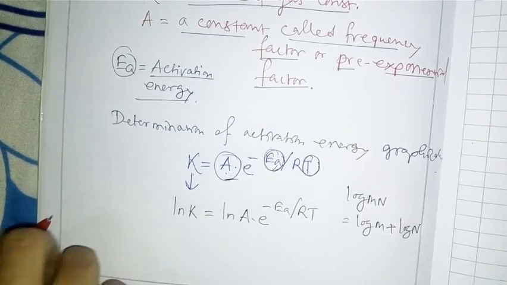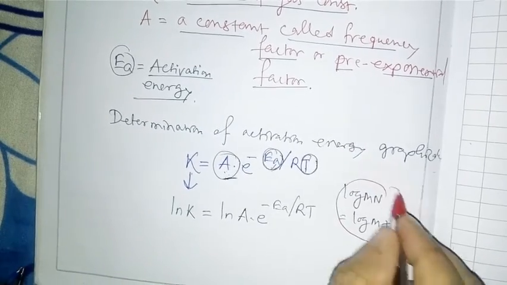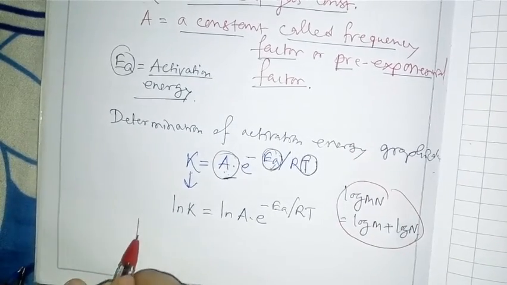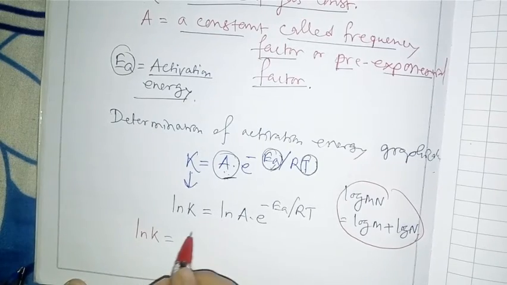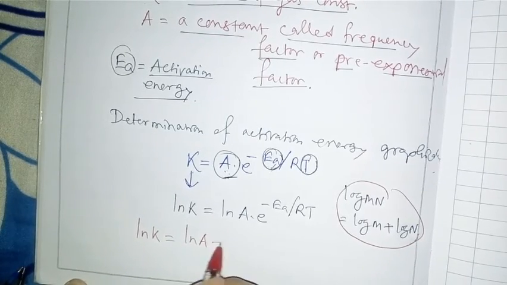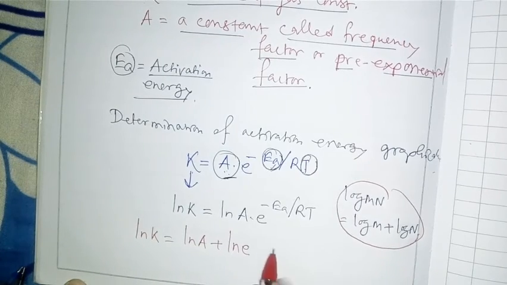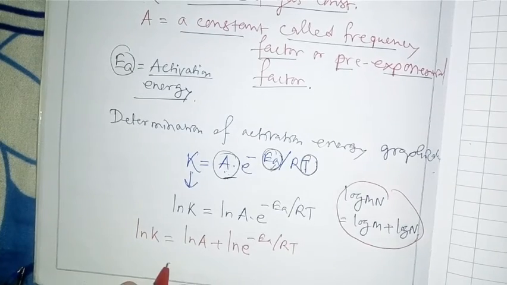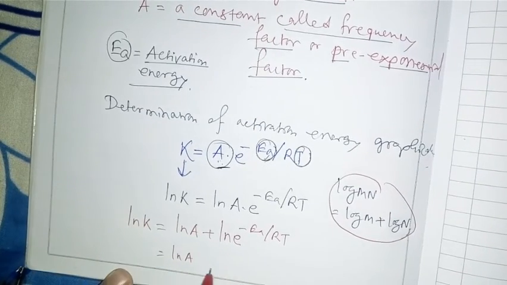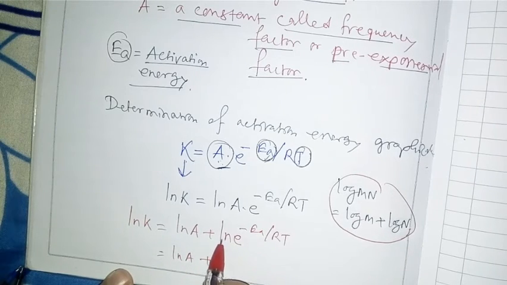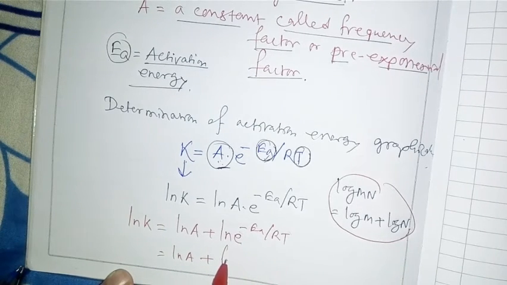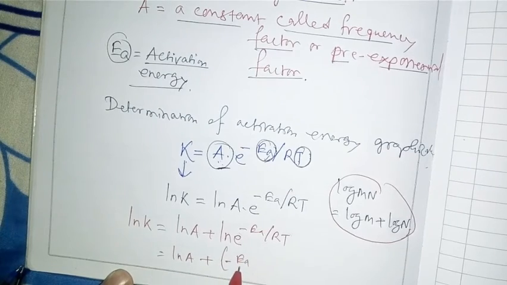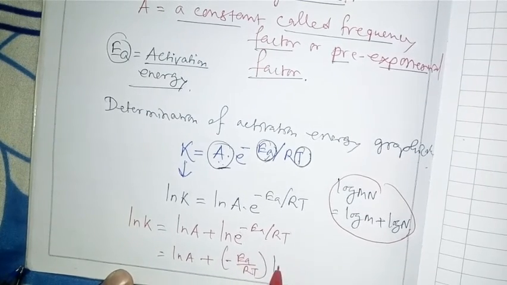So ln k equals ln A plus ln e to the power minus Ea by RT, which is ln A minus Ea divided by RT times ln e.